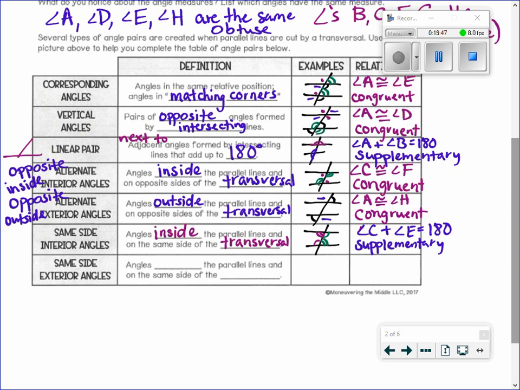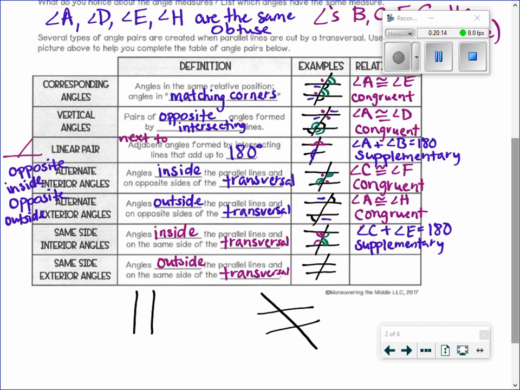Alright, the last one is same side exterior. So that's angles outside the parallel lines and on the same side. So here if I have my parallel lines, have my transversal, and you'll see later the parallel lines can be cut by a transversal a different way.